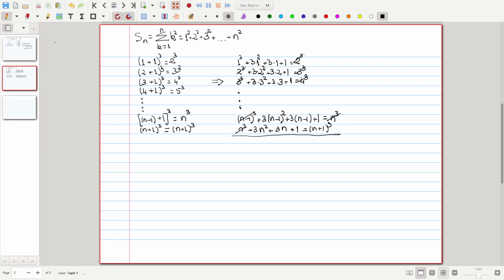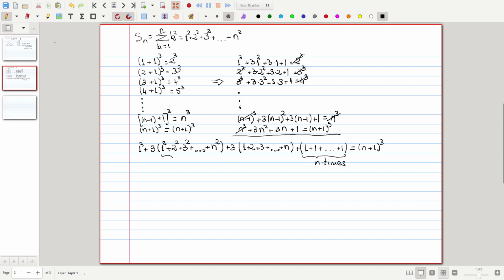And if I go here like this, I have 1 to the cube plus 3 multiplied by (1 squared plus 2 squared plus 3 squared plus ... plus n squared) plus 3 multiplied by (1 plus 2 plus 3 plus ... plus n) plus 1 n times, which is equal to (n plus 1) to the cube.